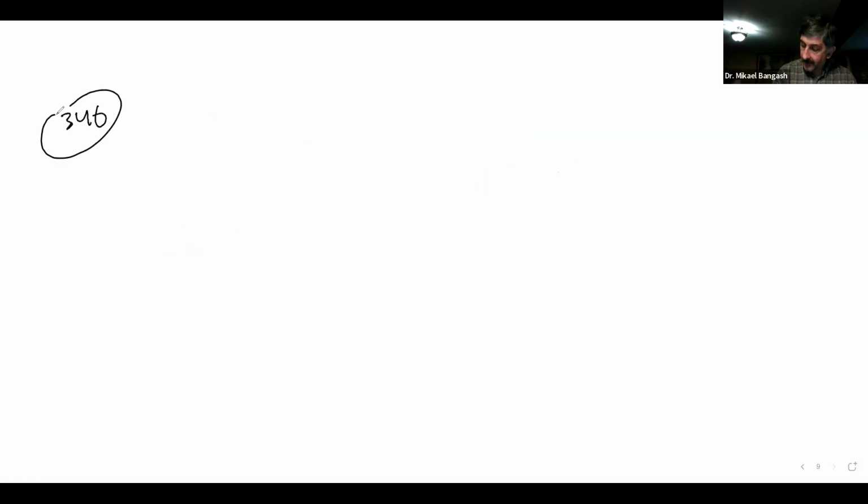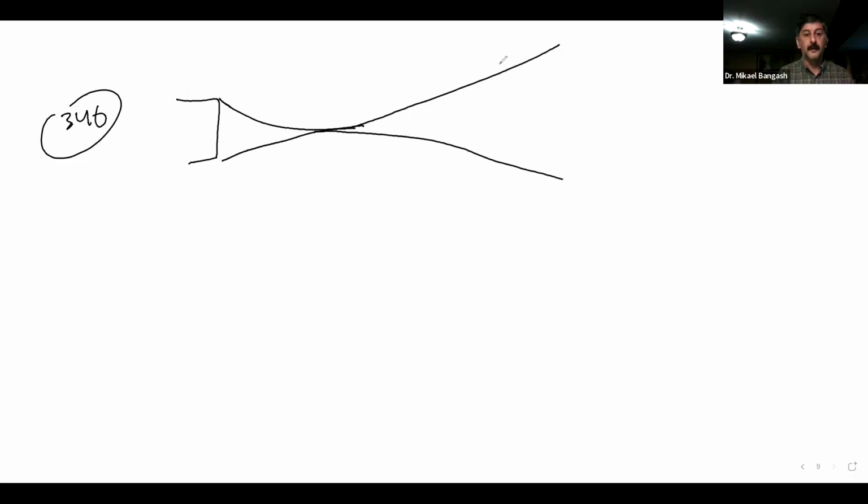True or false? In comparison to other locations along the ultrasound beam, focusing is generally ineffective in the far zone. True, because what happens to the beam in the far zone? That's where it starts to diverge.